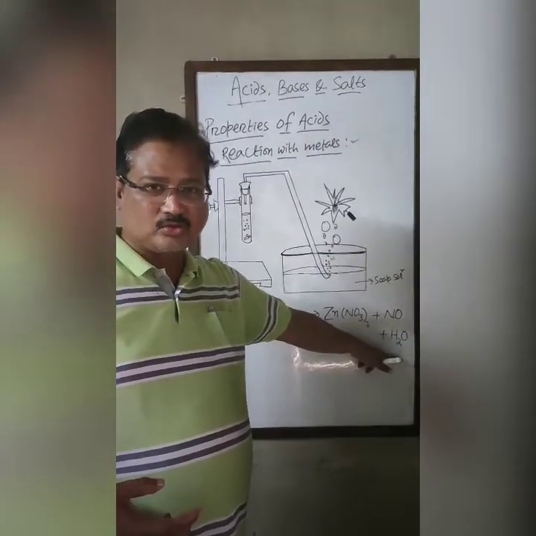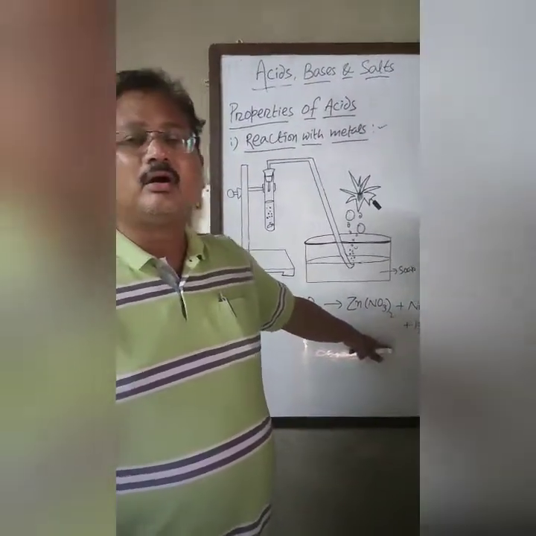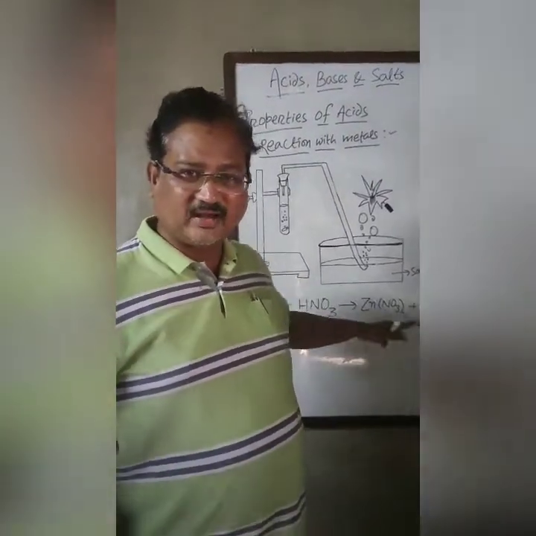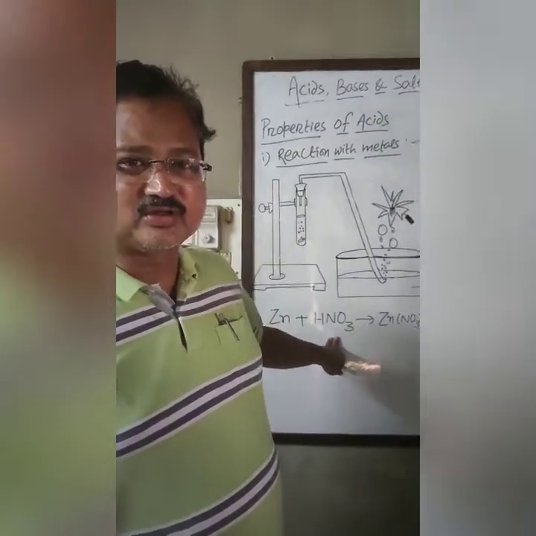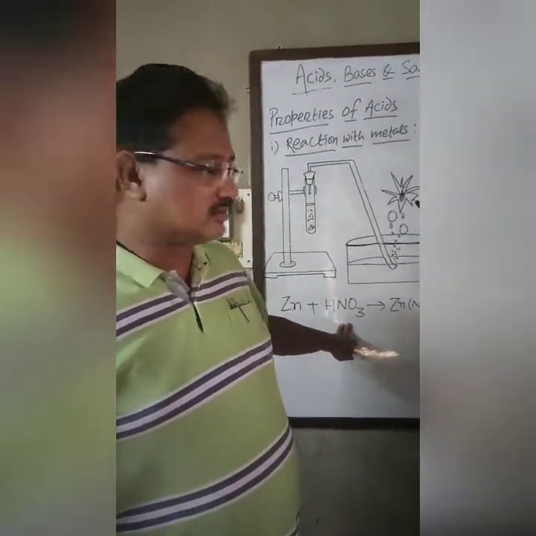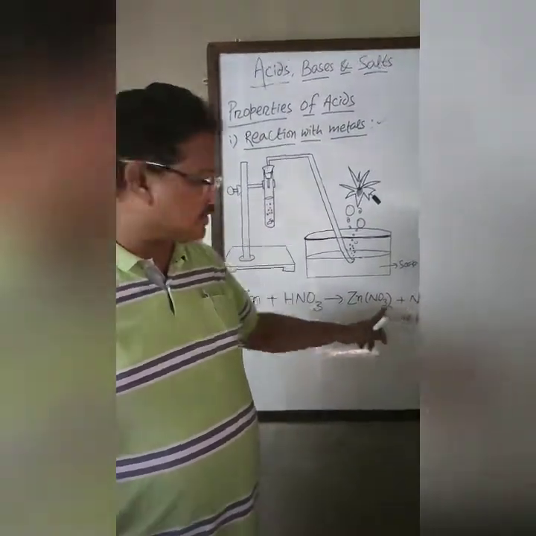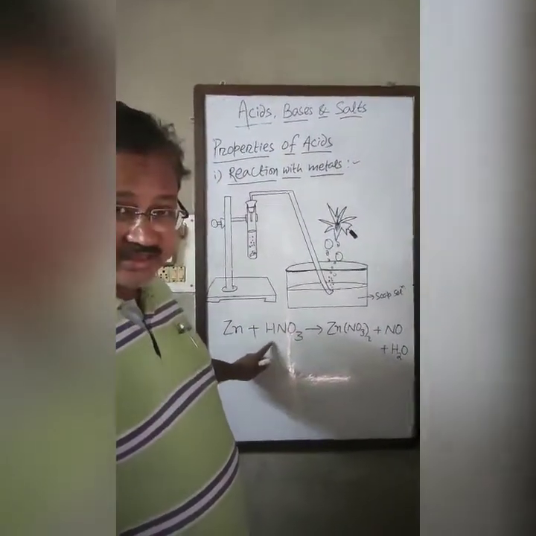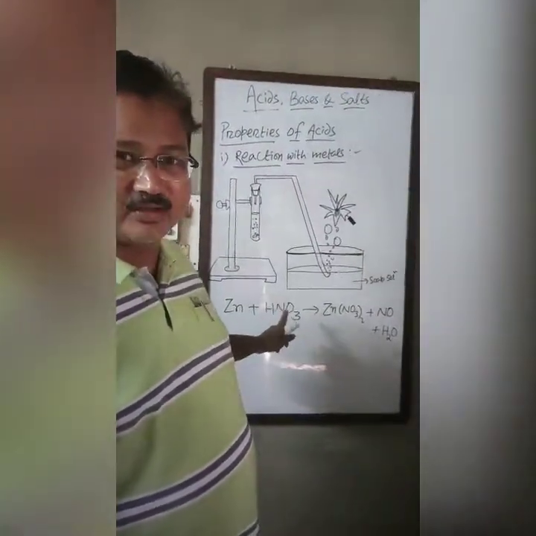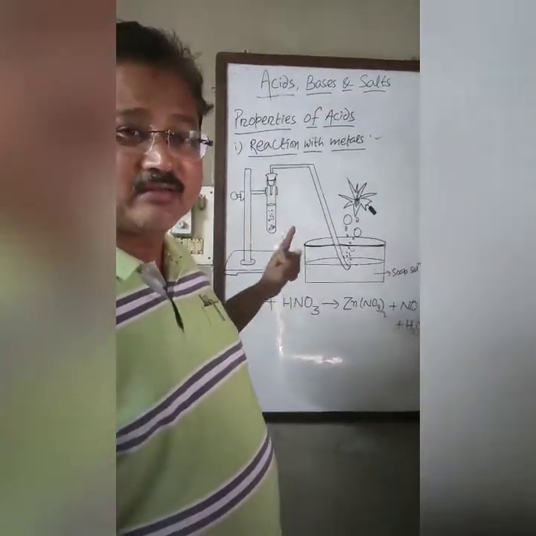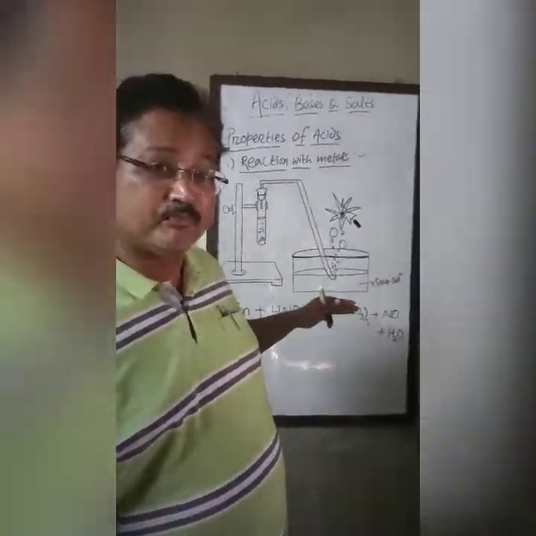So here you may not find the evolution of hydrogen. The nitric acid, being an oxidizing agent, does not liberate hydrogen; rather nitric oxide and water are liberated. I am leaving this example for you to balance, I am not balancing it. It is a typical balancing, so I hope you all will try to balance it.